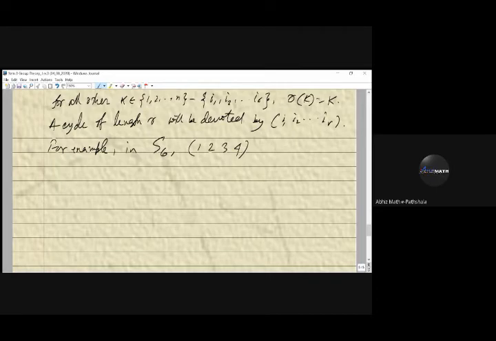And the other objects, that is 5 and 6, will be fixed by this permutation. That is, 5 goes to 5, 6 goes to 6. You can also have this one, (1 4), that is, 1 goes to 4, 4 goes to 1. These are all examples of cycles.